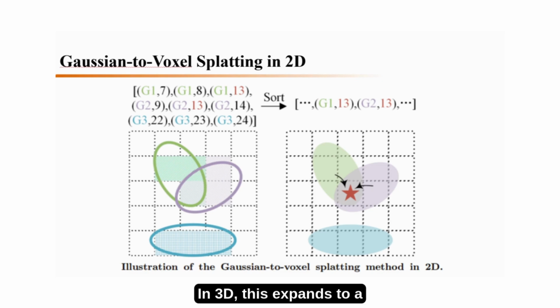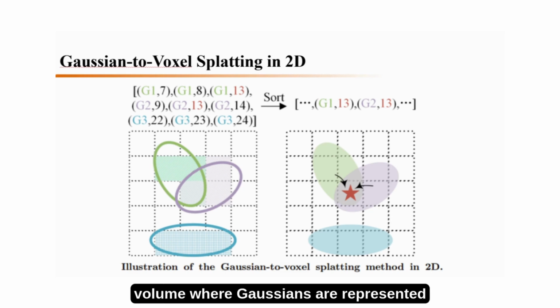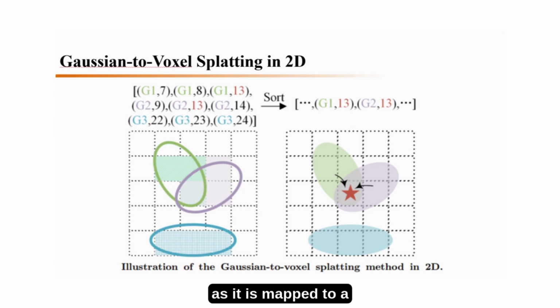In 3D, this expands to a volume where Gaussians are represented as ellipsoids to voxels, based on the range and the center. Combining these contributions creates a distinct 3D occupancy for scene reconstruction.